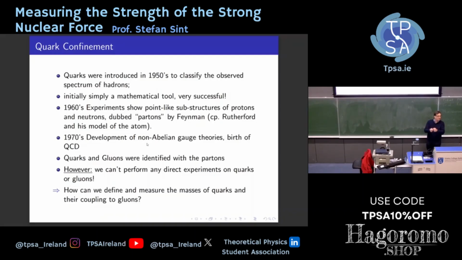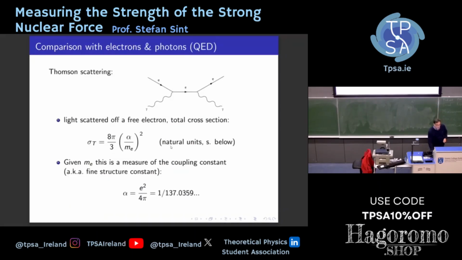Unlike in quantum electrodynamics, here I have the example of Thomson scattering. There you just have light incident on some charged particle. The charged particle will be excited by the electric field in the light and will emit, in the Thomson limit at very low energies, light of exactly the same wavelength in some other direction.